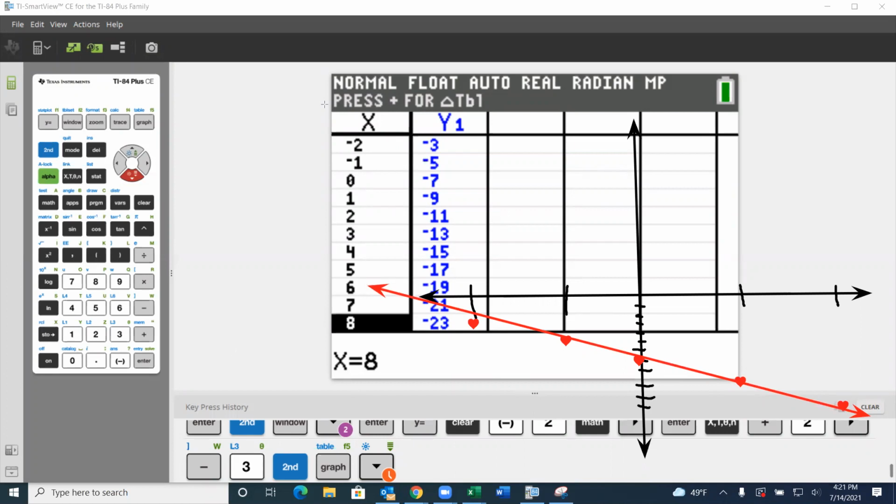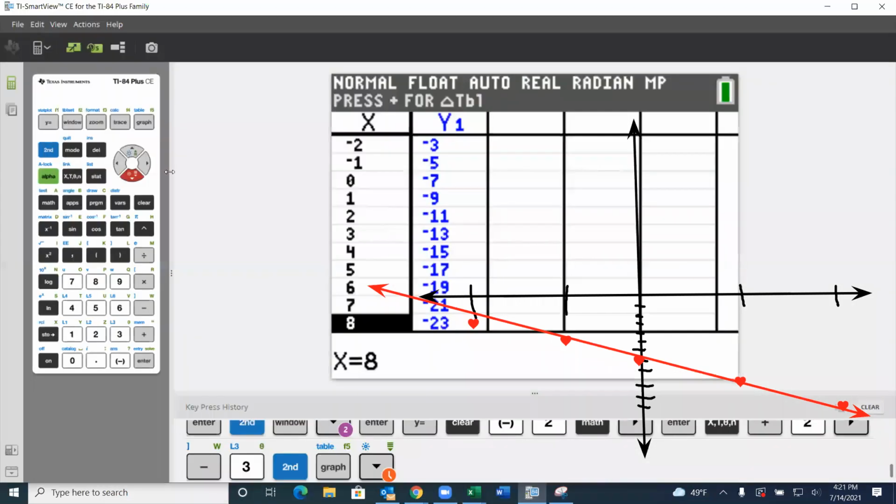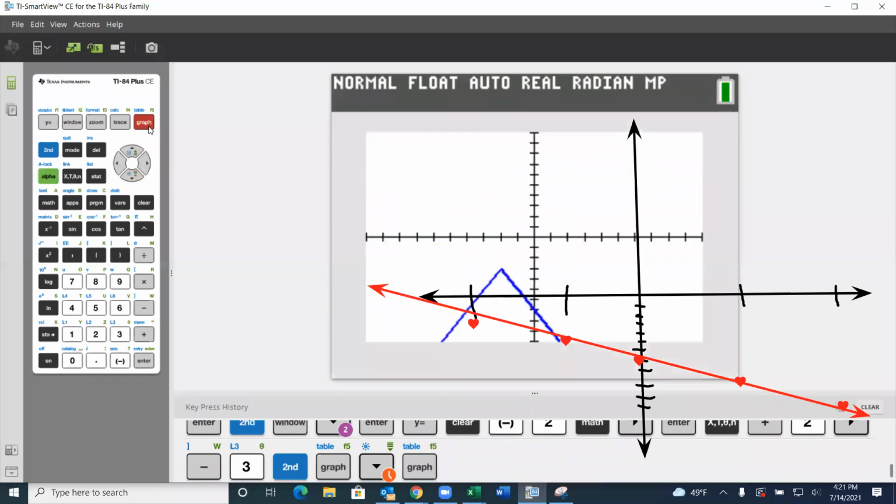Because one thing we've learned is that when you are doing absolute value in your function, you get either a sharp point and the graph opening down, or a sharp point with the graph opening up. You get one of those two. Well, we could find out real easily and just go to the graph. Oh, it's opening down. Cool.